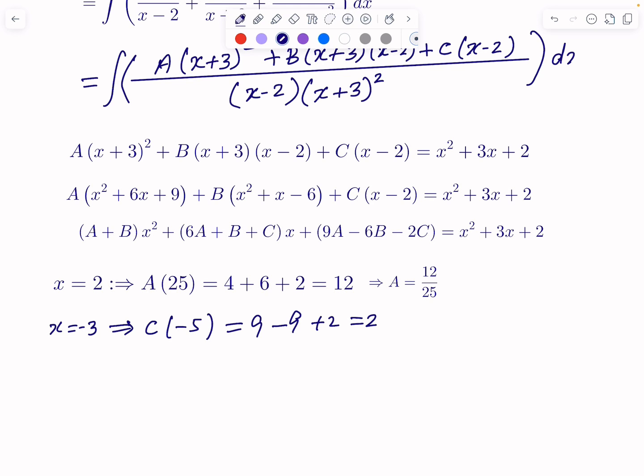Minus 3 squared is 9. And then minus 3 times 3 is minus 9 again. And we have plus 2, which is going to be 2.